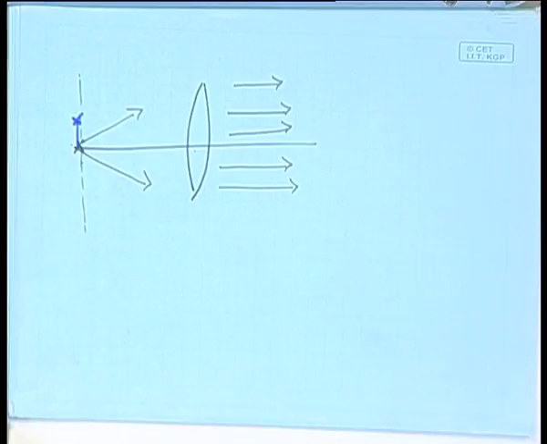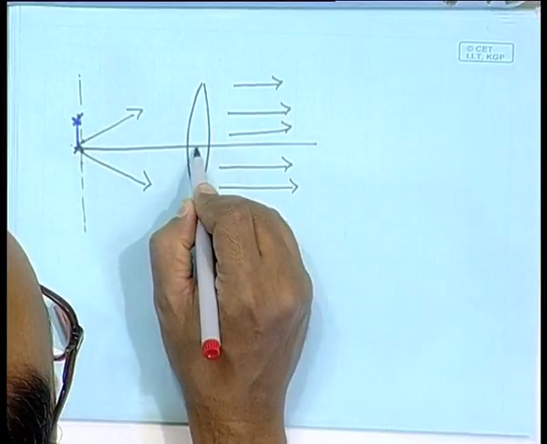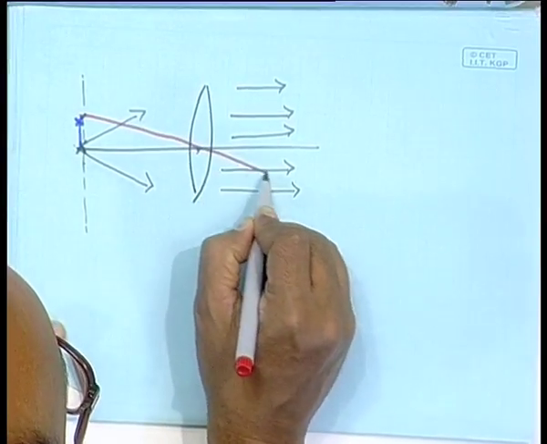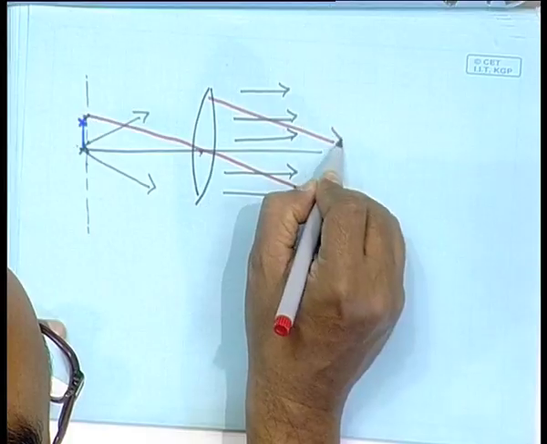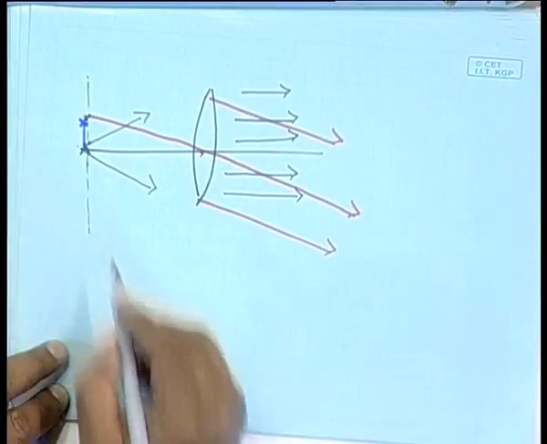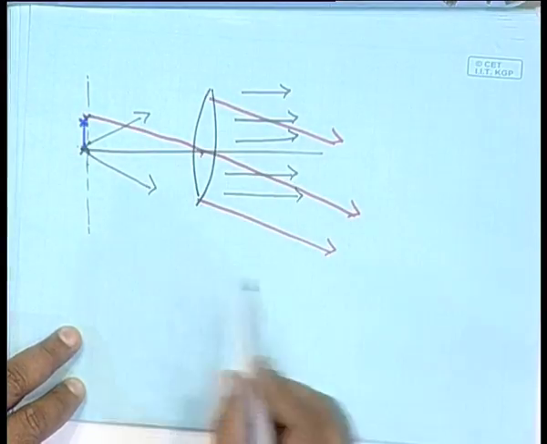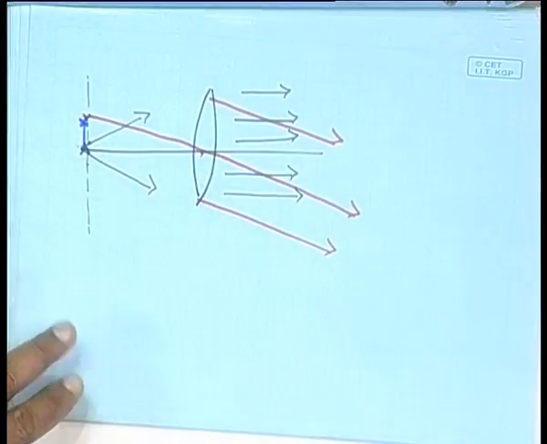I am sure all of us know this from geometrical optics, that the wave that comes out is now no longer parallel to the axis of the lens, it comes out at an angle. If I shift the source up, the wave comes out at an angle downwards. If I shift the source down, the wave will come out upwards. Okay. So, this is the property of a lens.